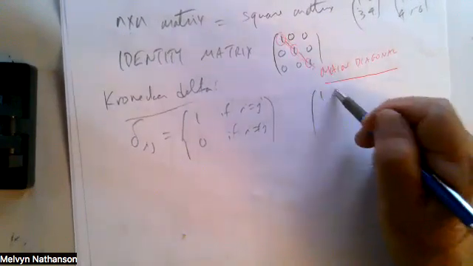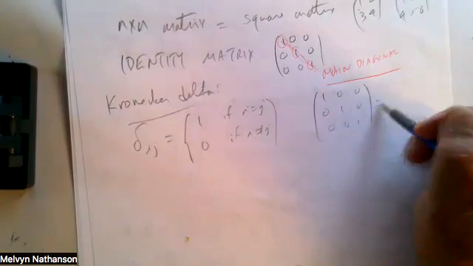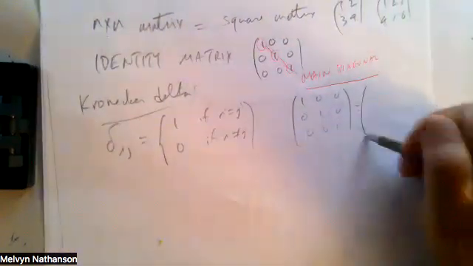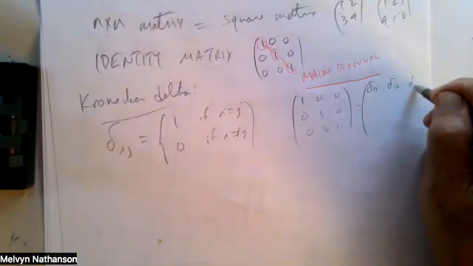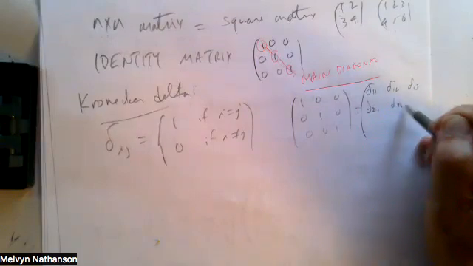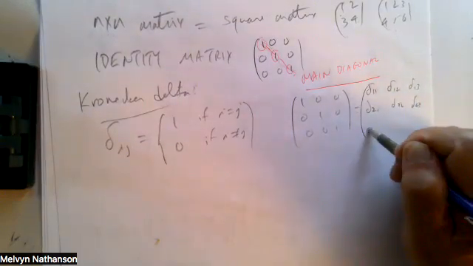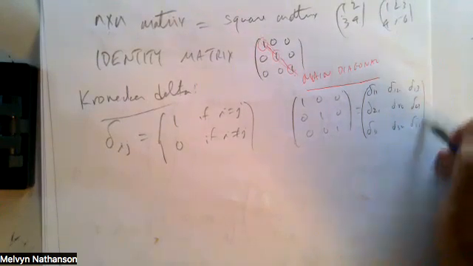So this matrix 1, 0, 0, 0, 1, 0, 0, 0, 1 can be expressed using the Kronecker delta. This is delta 1,1, delta 1,2, delta 1,3, delta 2,1, delta 2,2, delta 2,3, delta 3,1, delta 3,2, delta 3,3.